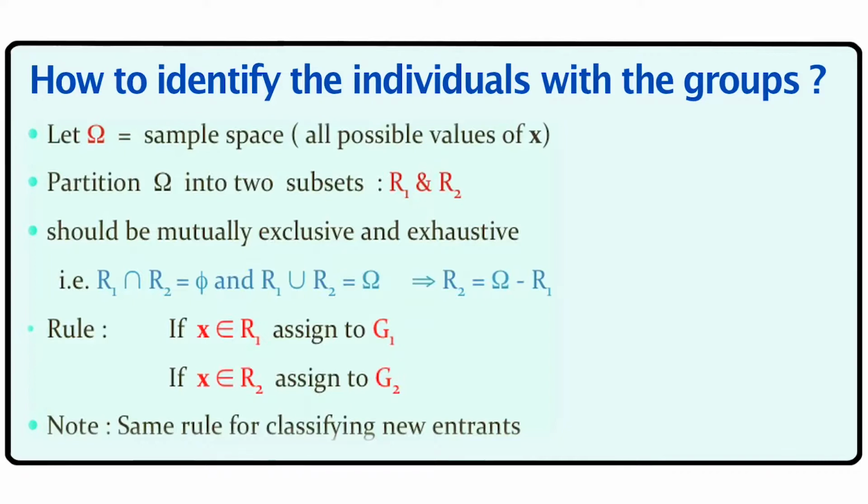A new individual comes in, and we see in which region this observation falls. If the observation falls in the region R1, then we classify the individual in the first group. If the observation falls in R2, then we classify the individual into the second group. So this is the decision rule that we decide upon.